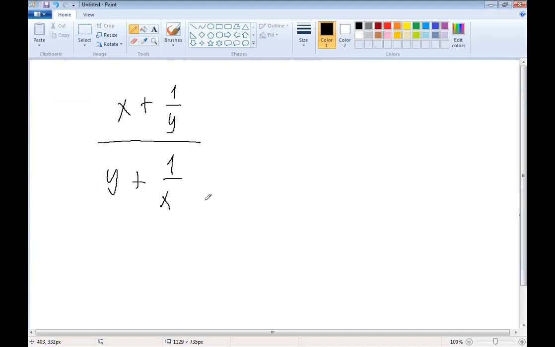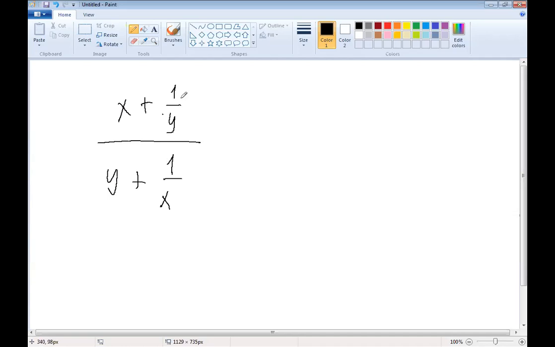You have to make sure what the LCD is. You cannot add these two directly, so what will we multiply by so that we can add the two terms? The LCD of both of them is xy.